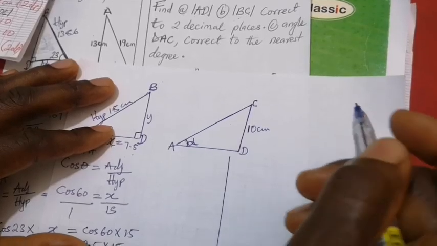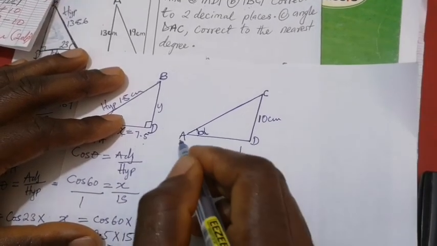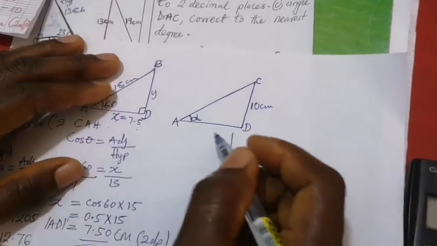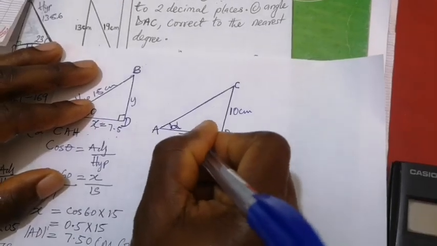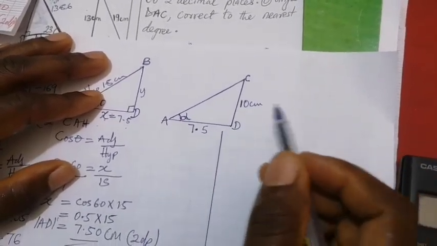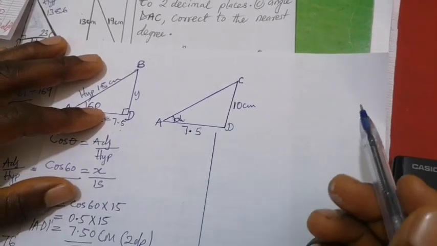Now, we have gotten the value of line AD, and our line AD is 7.5 cm. Okay, so we can now use SOHCAHTOA to find the value of alpha.